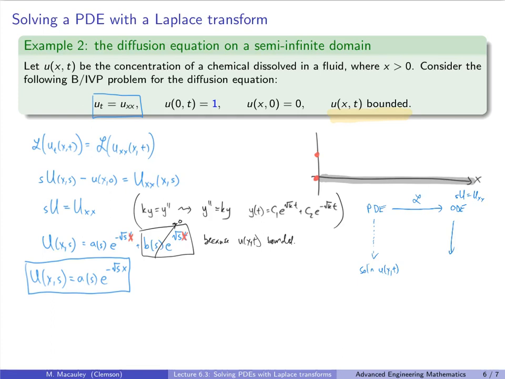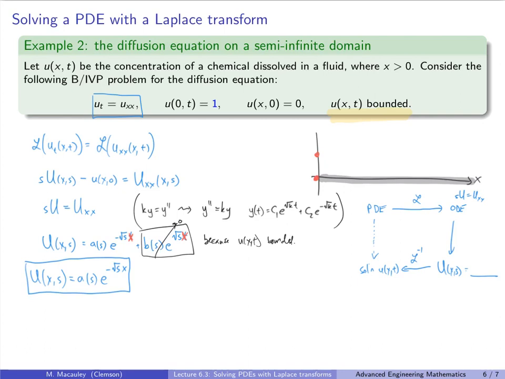We can solve the ODE. We get that U of x, s is this function here. And now what we have to do is somehow invert this. So figure out what unique function over here has this as its Laplace transform.